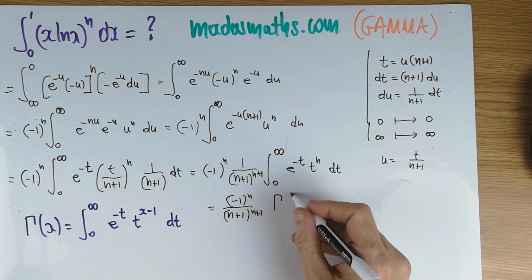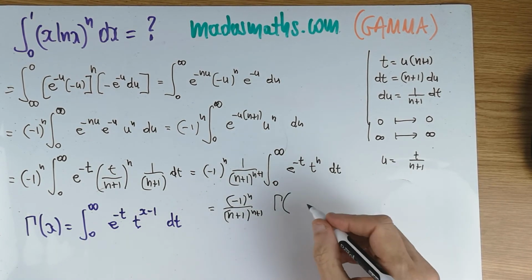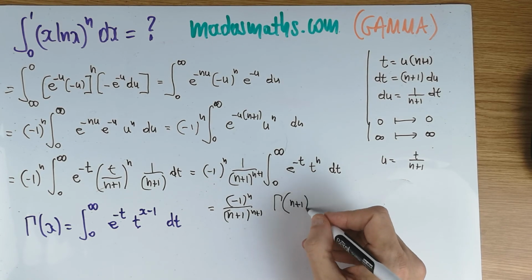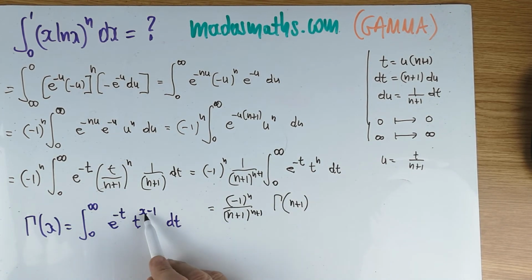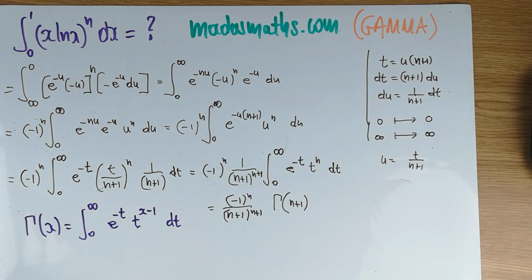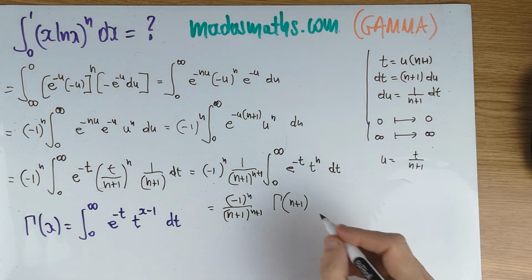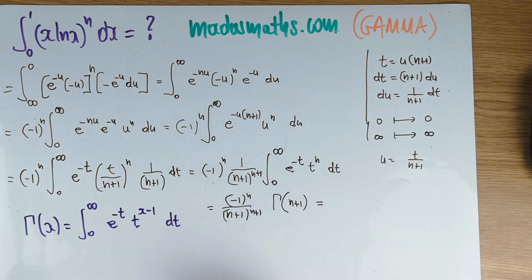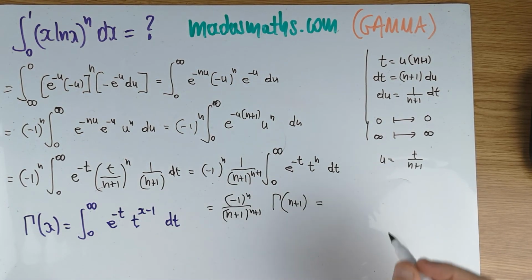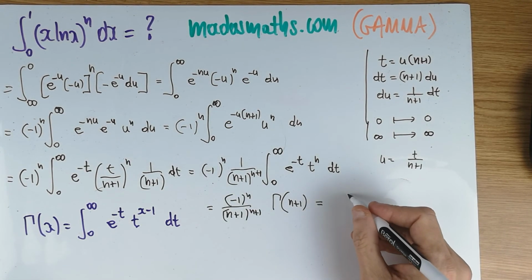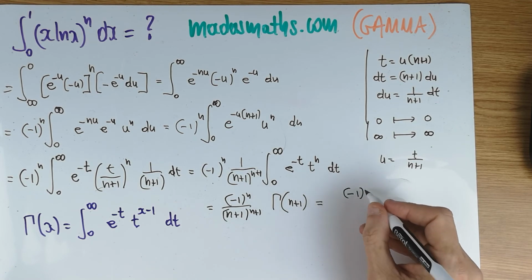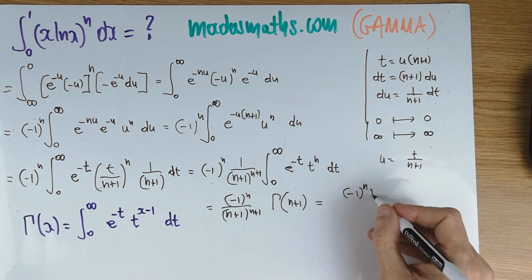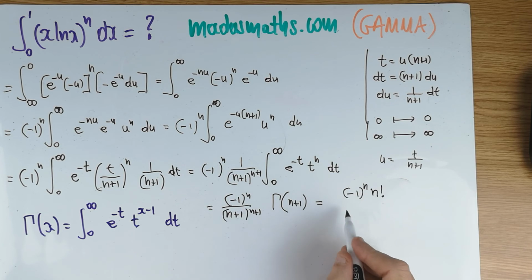And this is, of course, the gamma of n plus 1 by definition. So this is one more than what we got in there. And of course, if n is a positive integer, which I didn't write down but I did mention, this is n factorial. And therefore, we have a final answer, minus 1 to the n times n factorial.